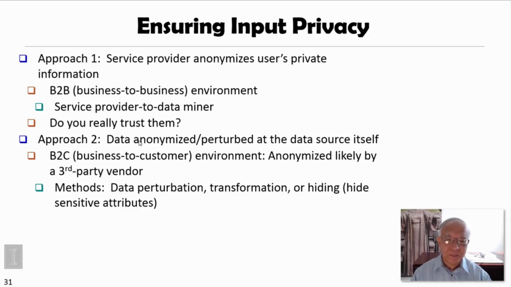Even if you may not trust the service providers, you will ask a third-party vendor to anonymize the data before they release it to anybody. This one we call the business-to-customer environment. The typical methods developed are data perturbation, data transformation, and data hiding. That means we may want to hide some sensitive values or sensitive attributes.